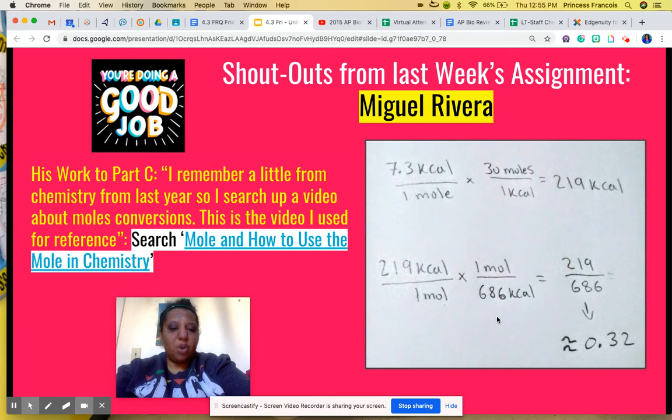So in the question, you were told that normally it takes 686 kilocalories per mole to be able to produce ATP. However, considering that the problem is only producing 219 kilocalories per mole, if you set up some sort of proportion, you will then see that it's only working at a 32% efficiency.